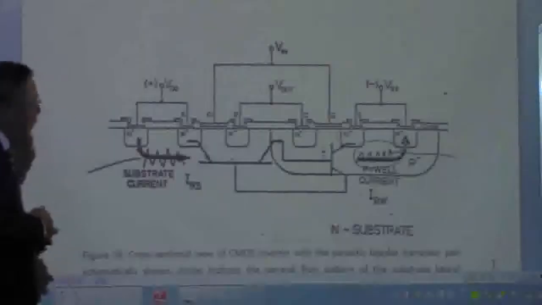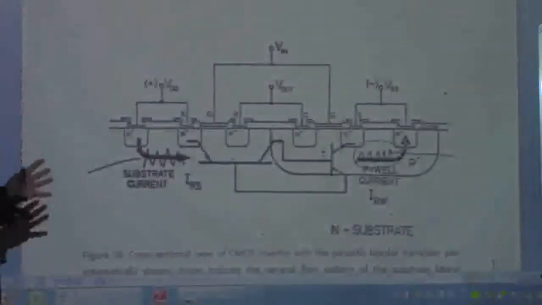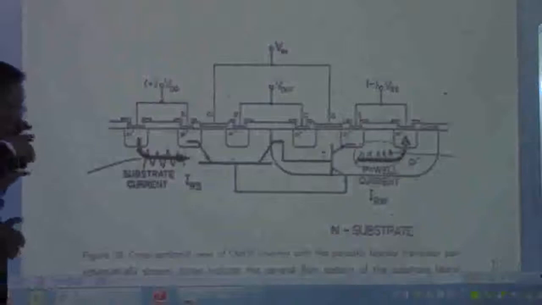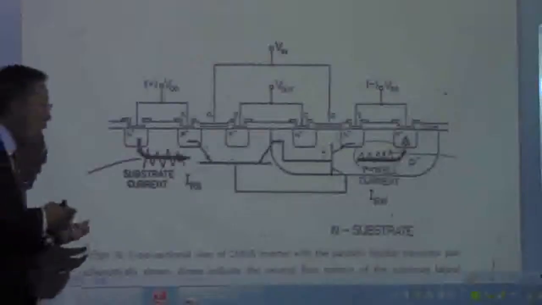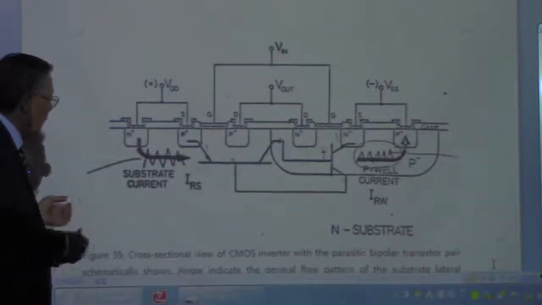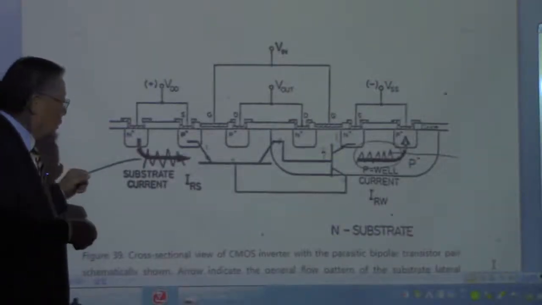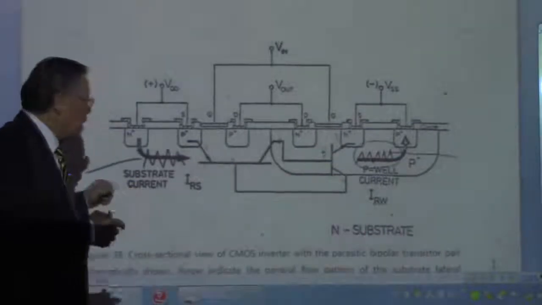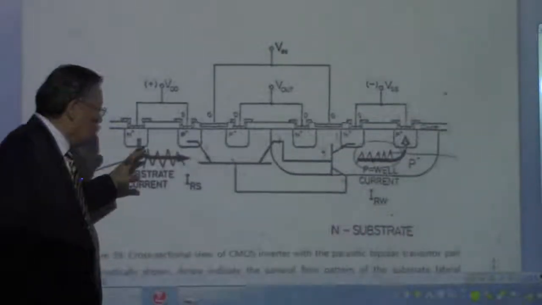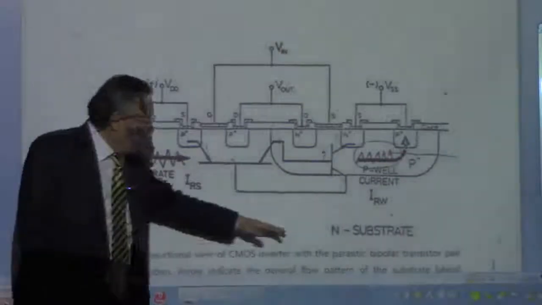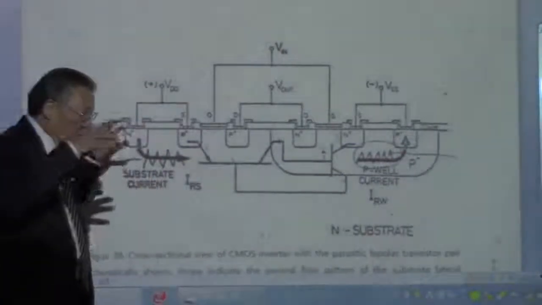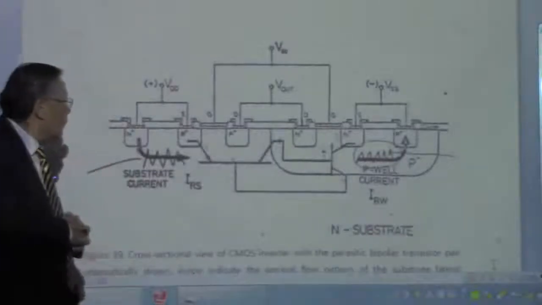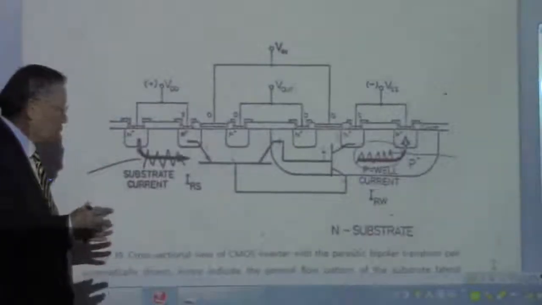One example is if you want to miniaturize your transistors to have a high level of integration, then as you have seen in the scaling law, you have to increase the N substrate doping level in order to reduce the size of the transistors.